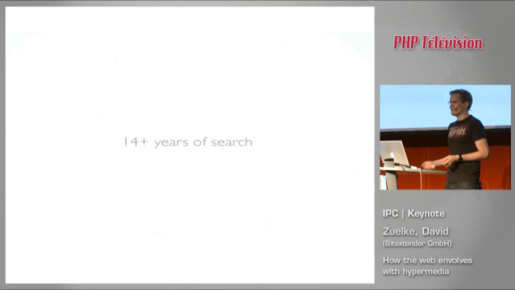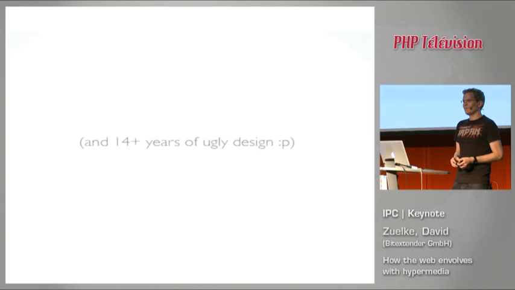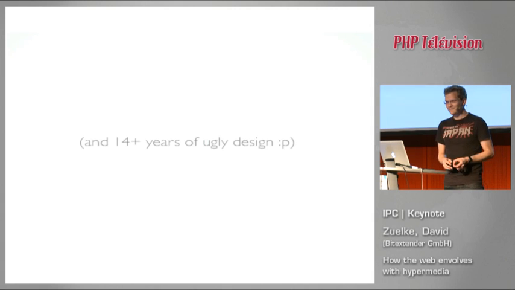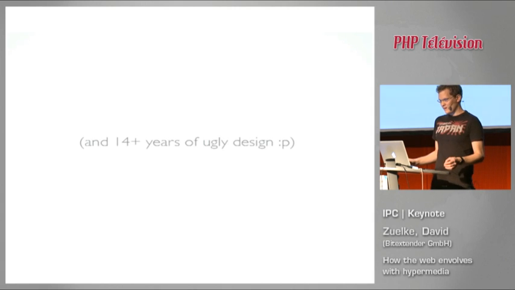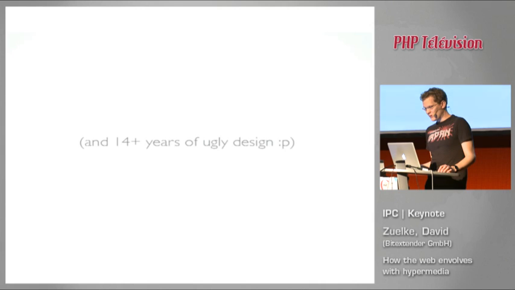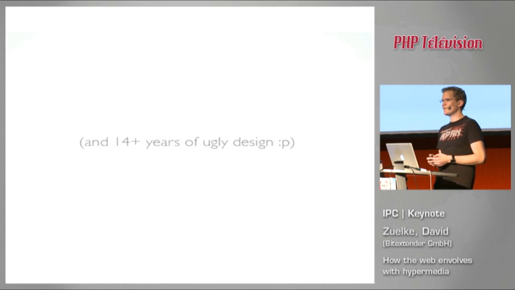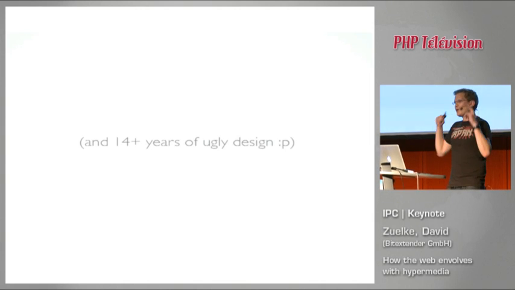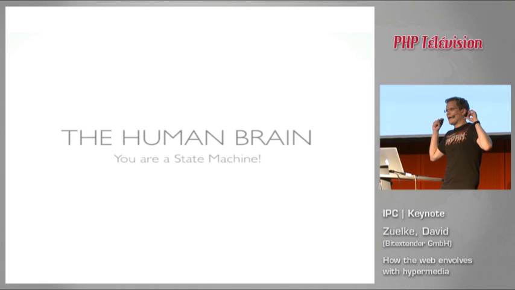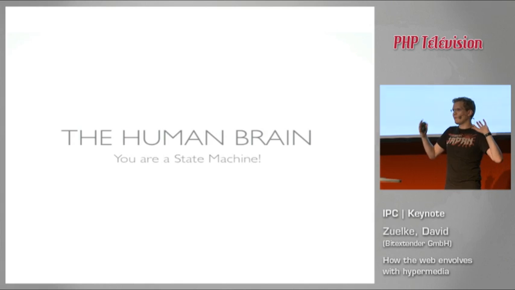For the last 14 plus years, I've also found it incredibly ugly, but that's a different story. And the cool concept is that our human brains are kind of like a state machine on the web. And we drive the interactions.